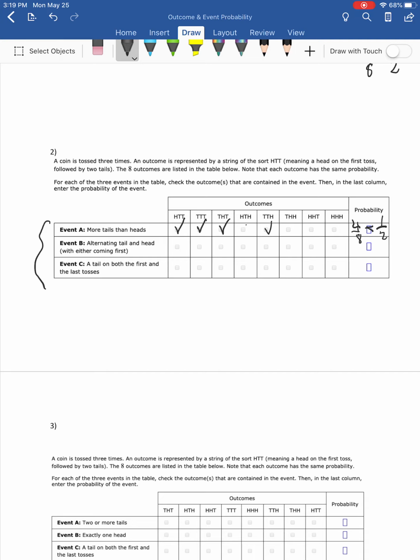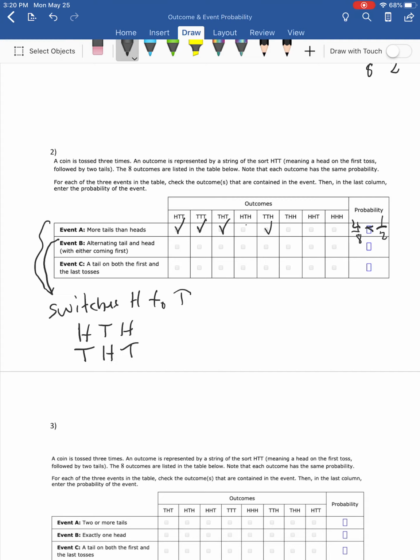Alternating heads and tails with either coming first. So alternating means it switches from head to tail with either one coming first. So let's say we have heads coming first. Then it would go tails, then heads. Okay, let's say we have tails going first. Then we'd have to have heads, then tails.